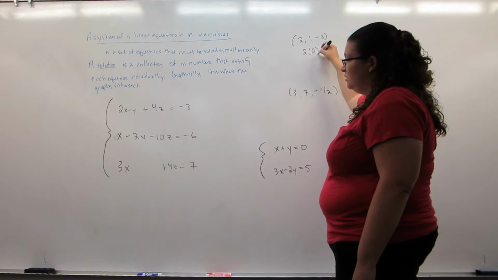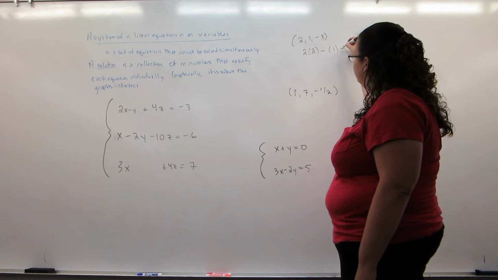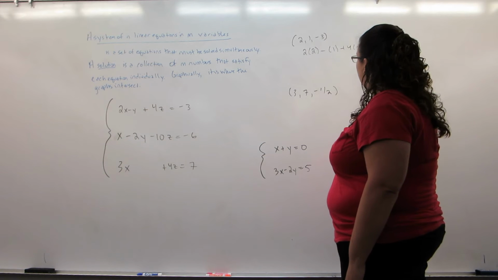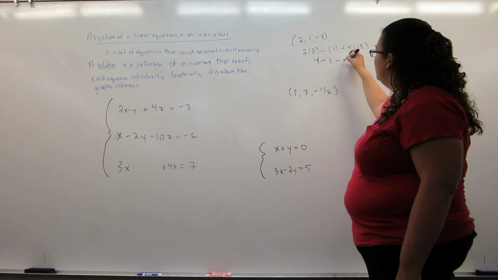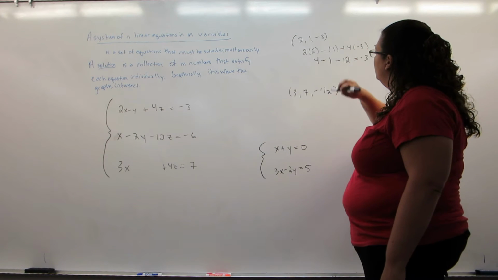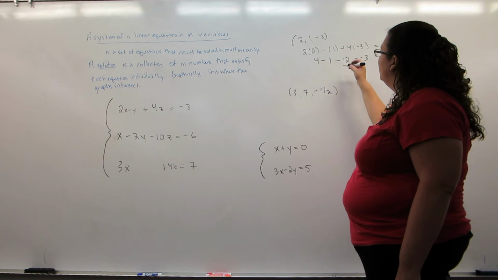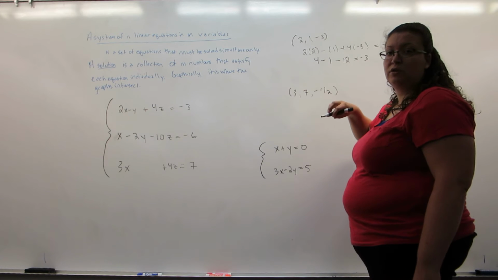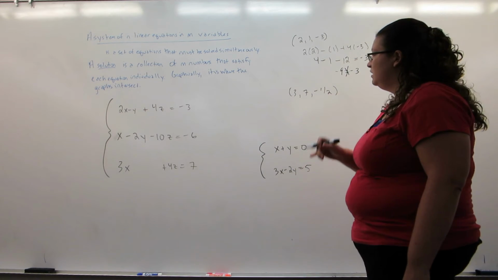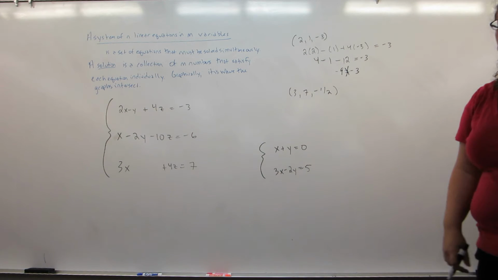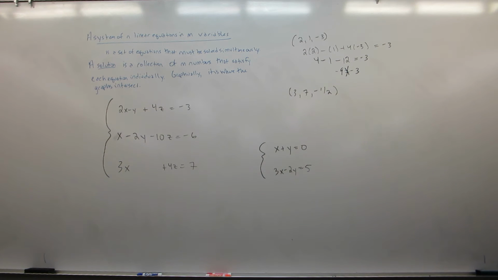So I'm going to plug it into the first equation, and I'm hoping I'm going to get -3. This is 4 minus 1 minus 12, okay, or 4 minus 13, -9, which does not in fact equal -3. So this first point is not a solution to the system.